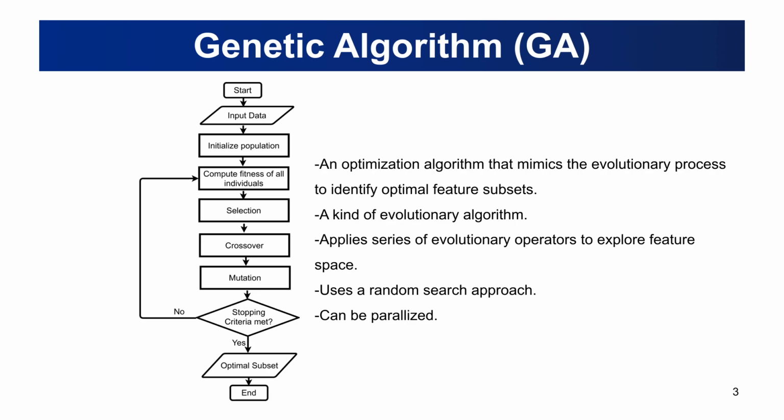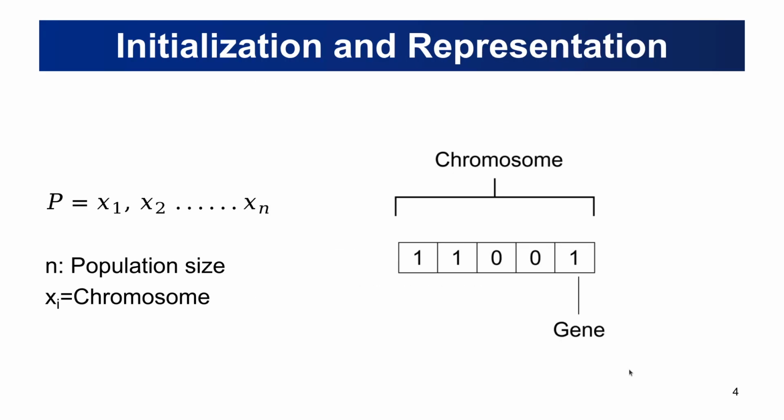With genetic algorithms, it's important we first look at the representation. It's very, very important. We represent the solution with this structure here, which is commonly referred to as a chromosome. If, let's say, your entire data set has 5 features, then we represent it with 5 binary bits here.